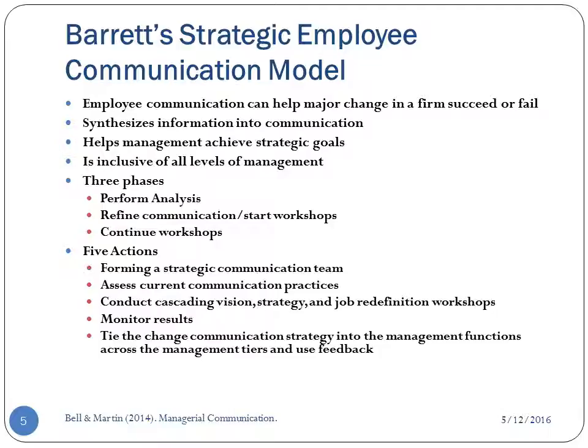One is forming a strategic communication team and letting them work on the problem. You can assess current communication practices. You can conduct cascading vision, strategy, and job redefinition workshops.